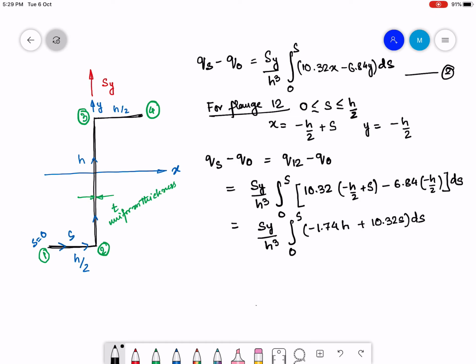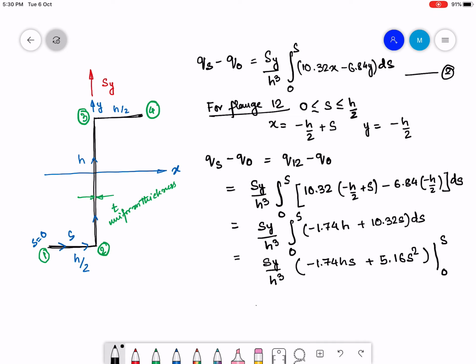If I evaluate this integral, this is going to be sy by h cube, and then I have minus 1.74 hs plus 5.16 s square, with the limit between 0 to s.